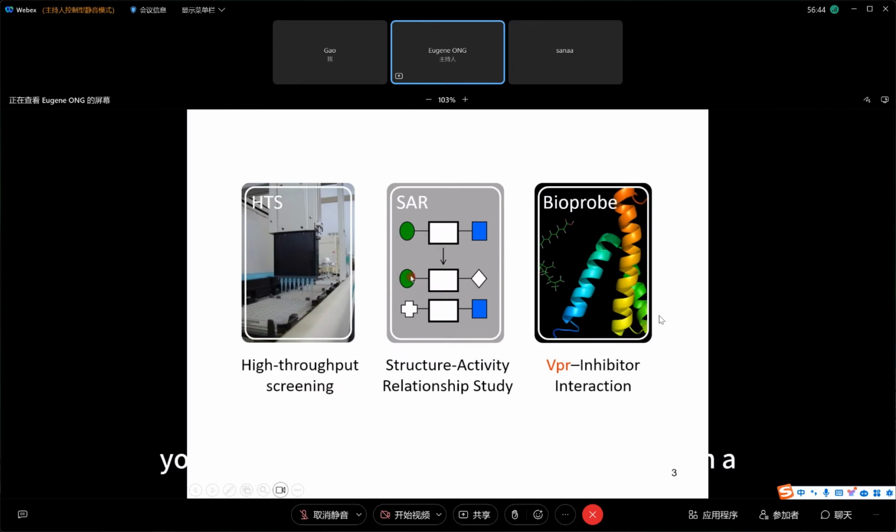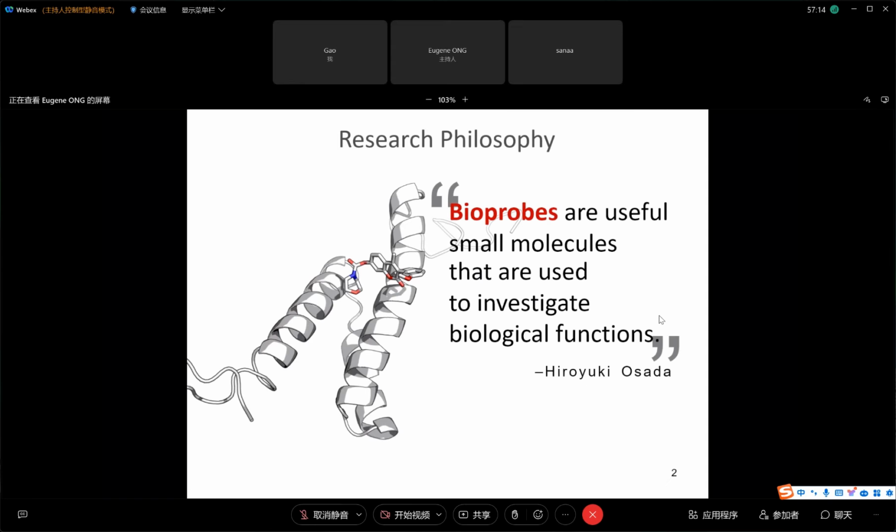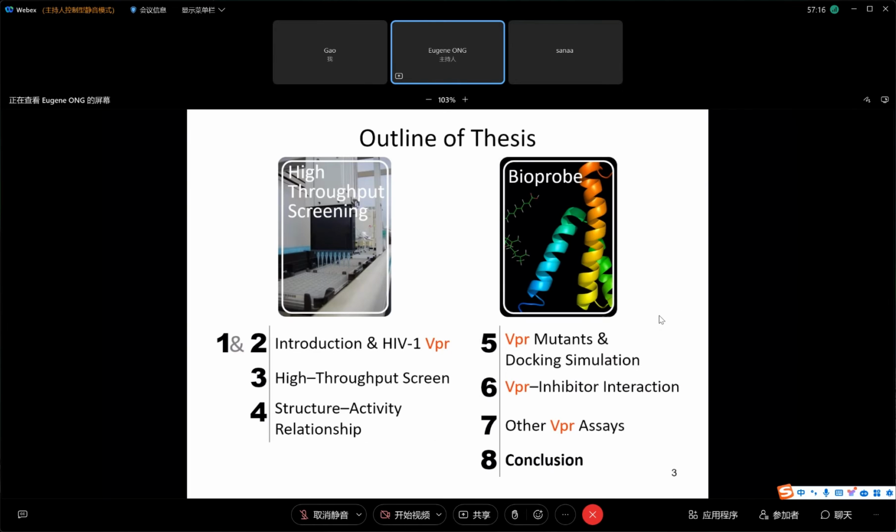However, in a Viva presentation, you need to only present your thesis according to your experimental results.